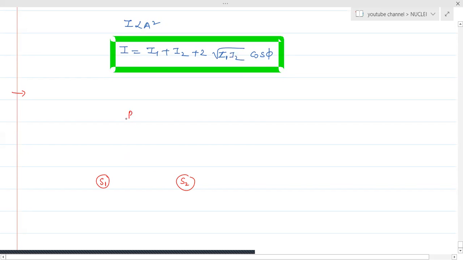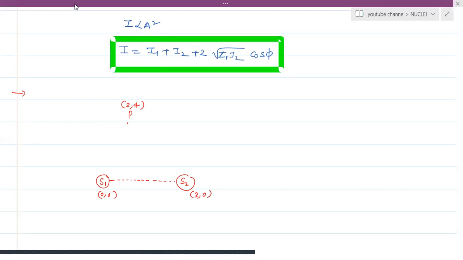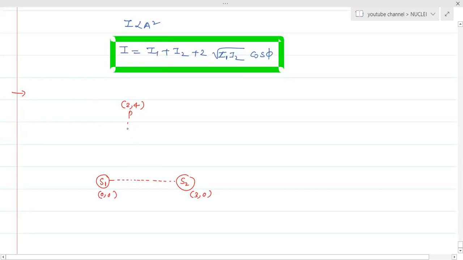The coordinates of point P are given as 2, 4. S1 is at the origin, and S2 is at a distance 3, 0. In such a case, first we will understand the setup.